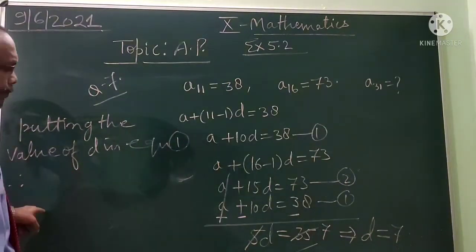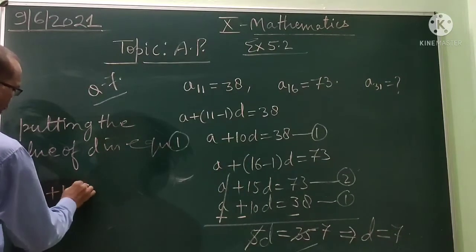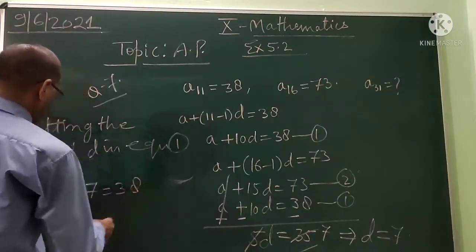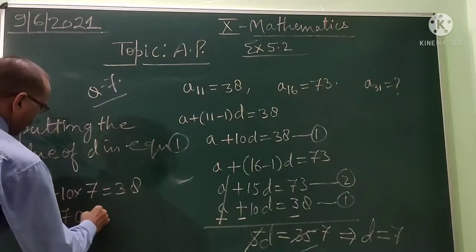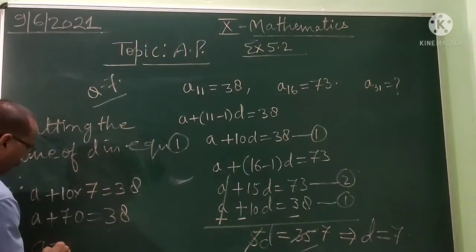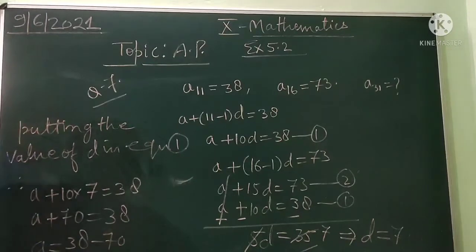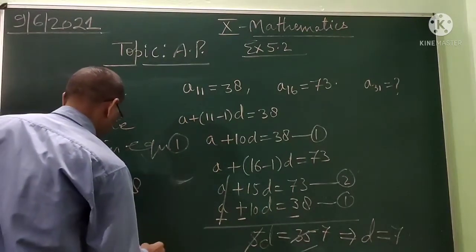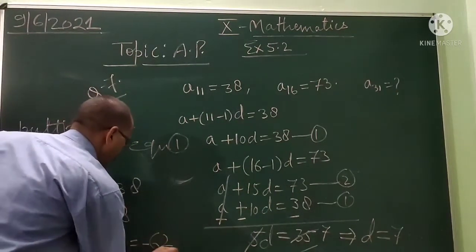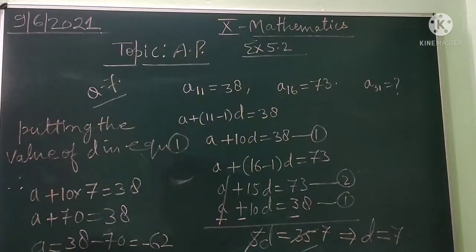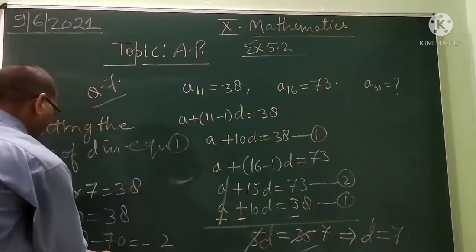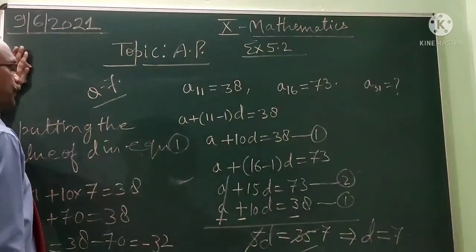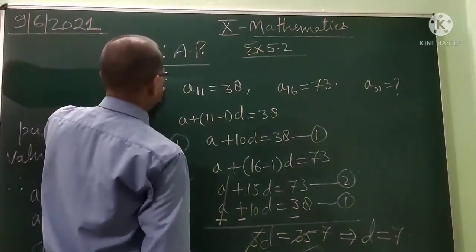Therefore, a plus 10 into 7 equals 38. Then a plus 70 equals 38, and a equals 38 minus 70, which is minus 32. The first term is minus 32.